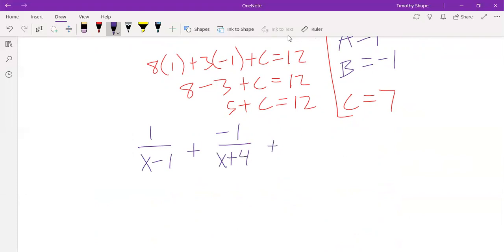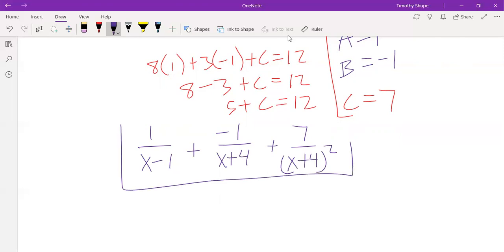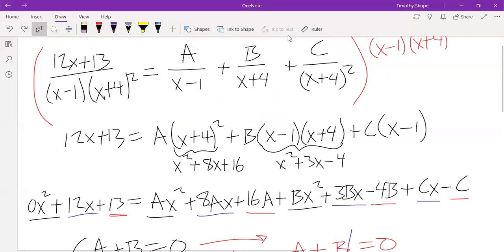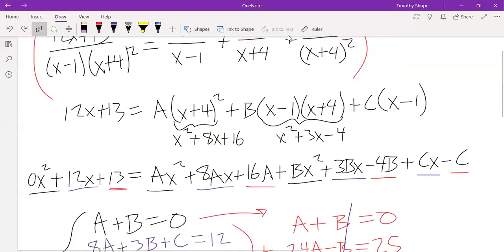And then I had C, which was 7, over x plus 4 being raised to the second power. This is our partial fraction decomposition of the original fraction that we had up here with the 12x plus 13 as the original numerator.